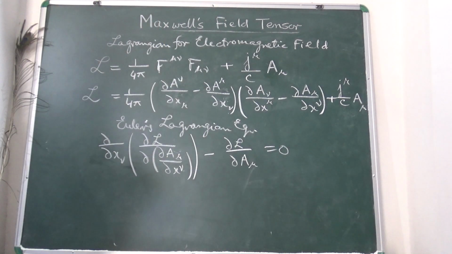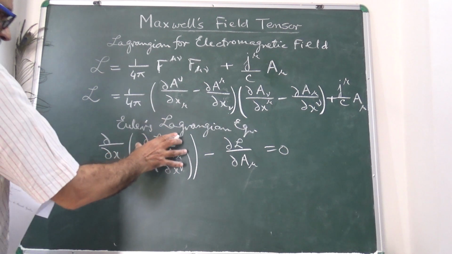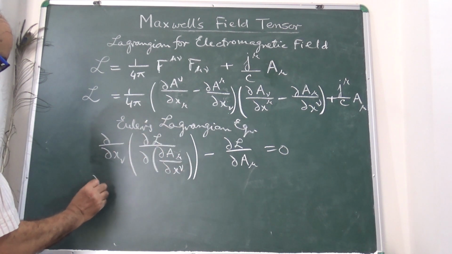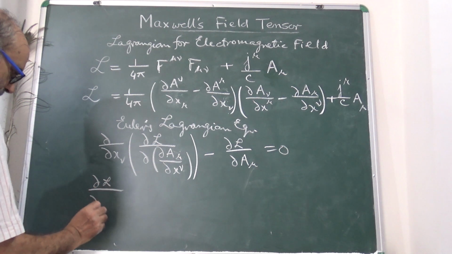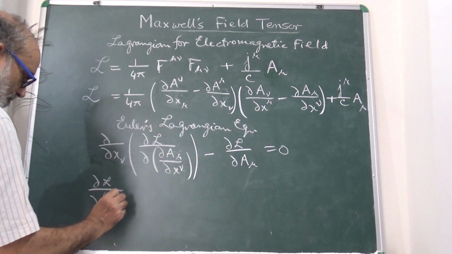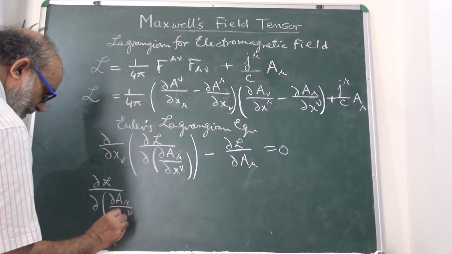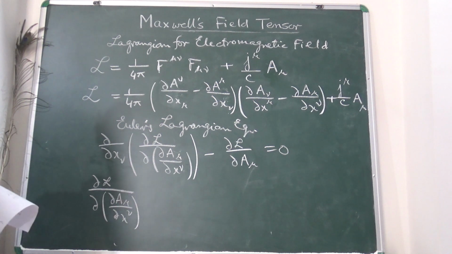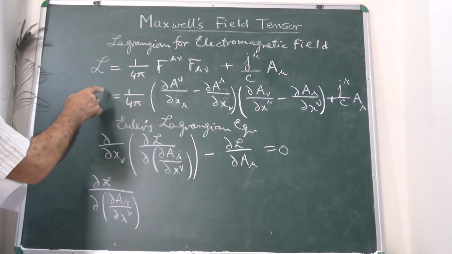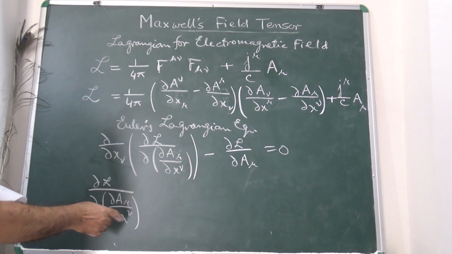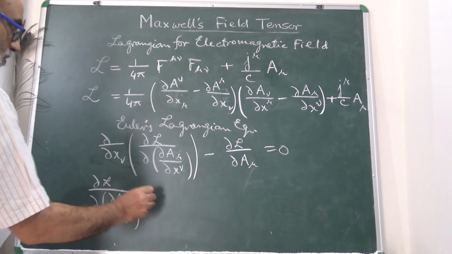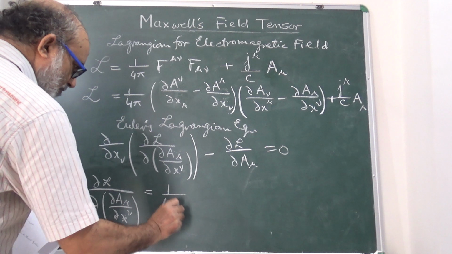So this is our Euler-Lagrange equation. Substitute this. First calculate this one: delta L by delta (del A mu by del x mu). Differentiate with respect to del A mu by del x mu, you will get 1 by 4 pi.